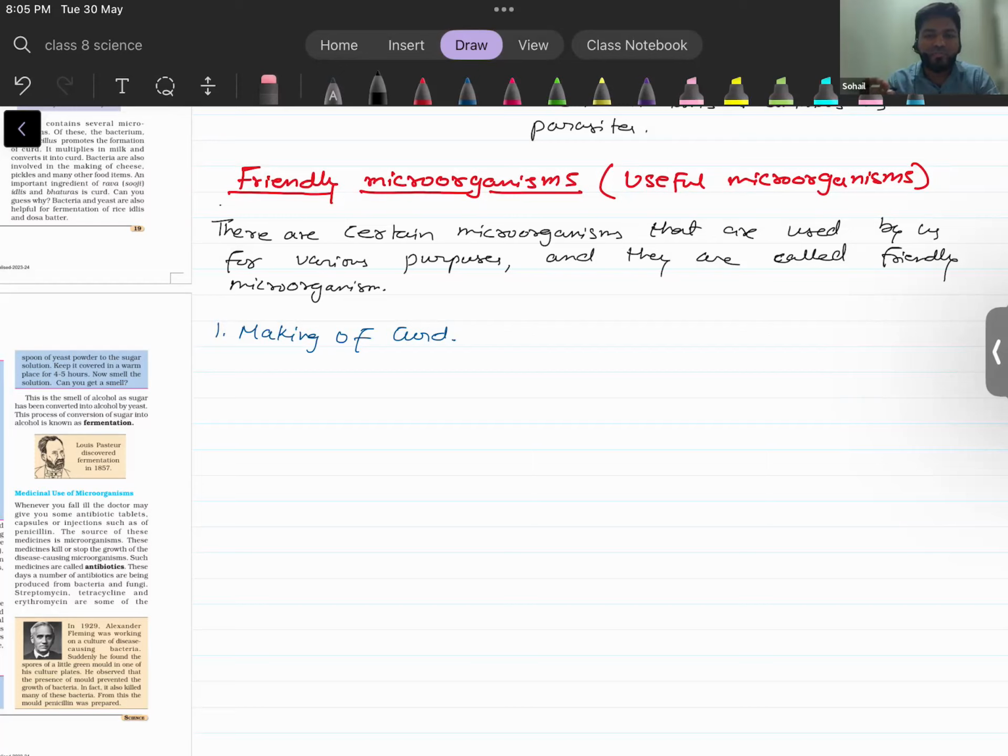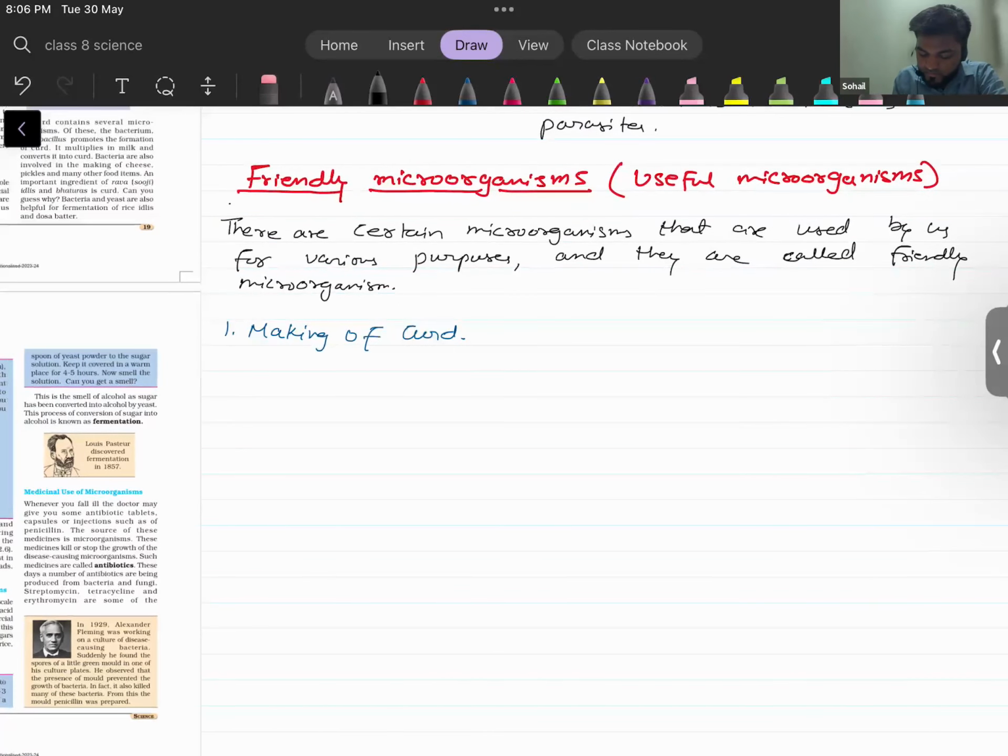A little amount of pre-made curd is added to the milk, and it is set aside overnight, undisturbed. In that time, the Lactobacillus starts to grow further and converts the whole milk into curd. Basically, the Lactobacillus starts to multiply in the milk. That is what is happening here.